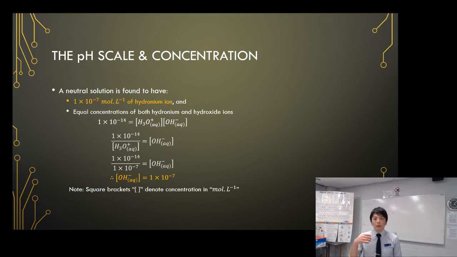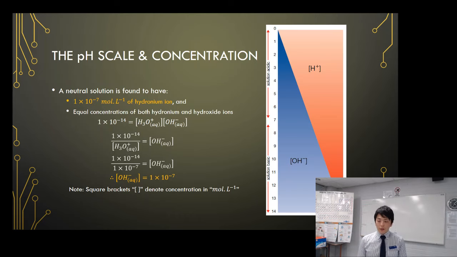So, in pure water, which should have a pH of 7, there should be 1 times 10 to the power of negative 7 hydronium ion and also hydroxide ion, which hopefully you can relate to, and I hope you see where we're going.